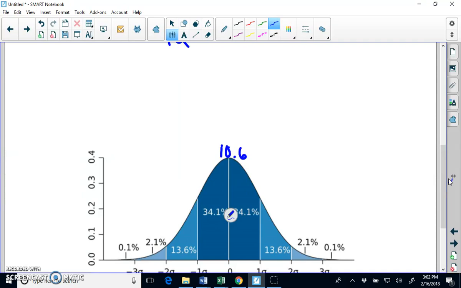What the standard deviation does, if you add and subtract one standard deviation from the mean, so if you added 0.89 and subtracted 0.89, let me do that. So I'm going to add 0.89 to the 10.6. And I get 11.49, and I'm going to subtract 0.89.